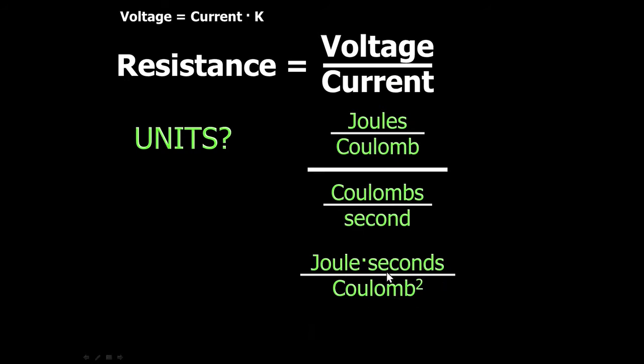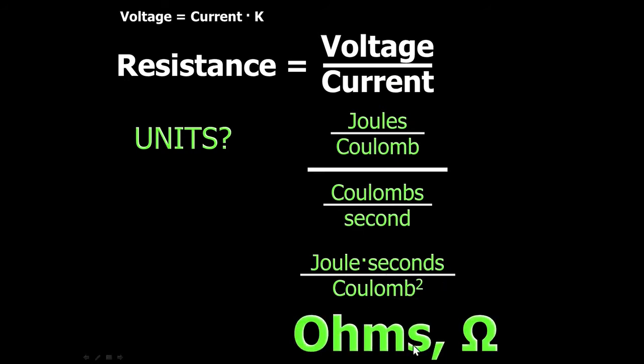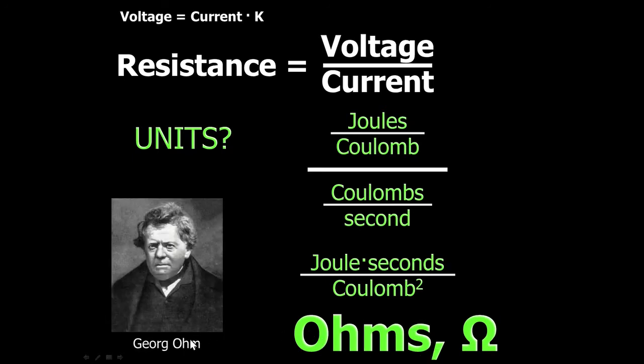And that does have a common unit, and the unit is ohms, named after Georg Ohm. So ohms is the unit of resistance, and then we symbolize it with this Greek letter omega. Now, we have used the letter omega earlier in physics, but that was a lowercase omega, and that was for angular velocity.